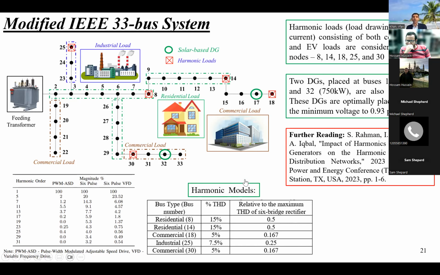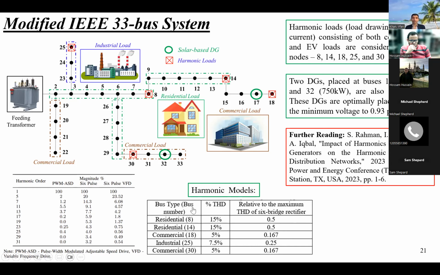So what harmonic profile do we use? There are different types of harmonic contributors. One is PWM adjustable speed drives, and that's how much they contribute harmonics. Then we have the 6 pulse converter, and then the variable field drive, with their respective contributions.